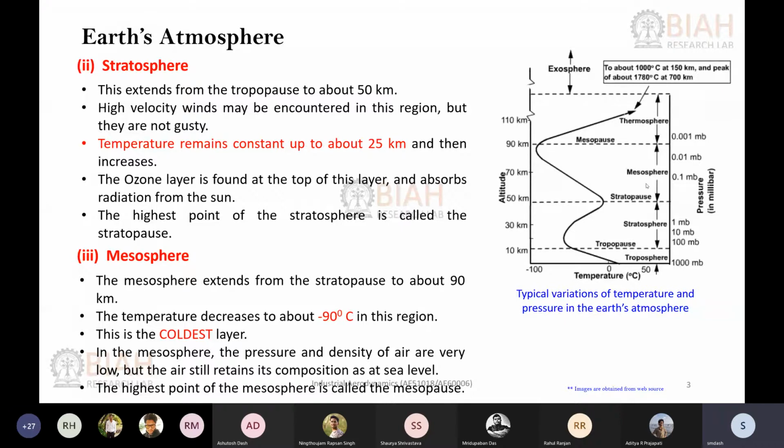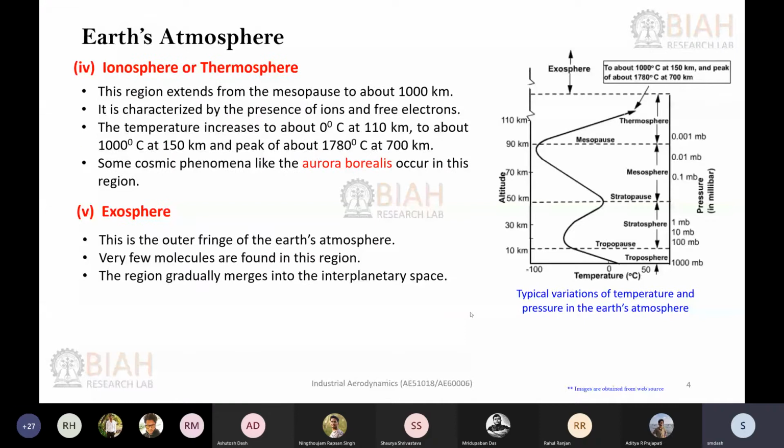All right. Then the next layer is the ionosphere or thermosphere, which goes from the mesosphere up to about 1,000 kilometers. In this range the temperature increases, and it can be very high.